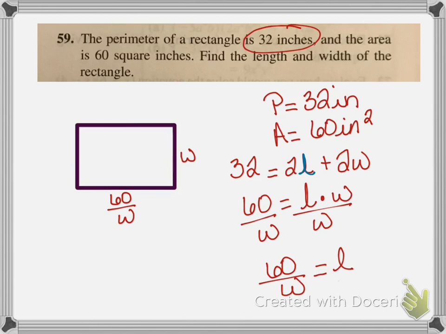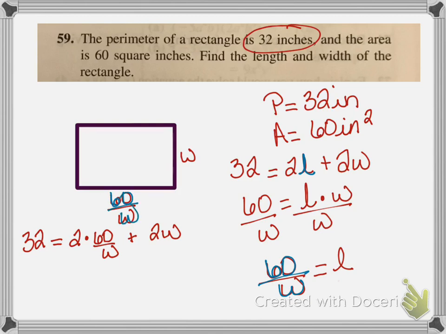So I have 32 inches equals 2 times 60 over W plus 2W. So all I've done is I've taken what I know is my length. My length is 60 divided by W. That's what this is right here.